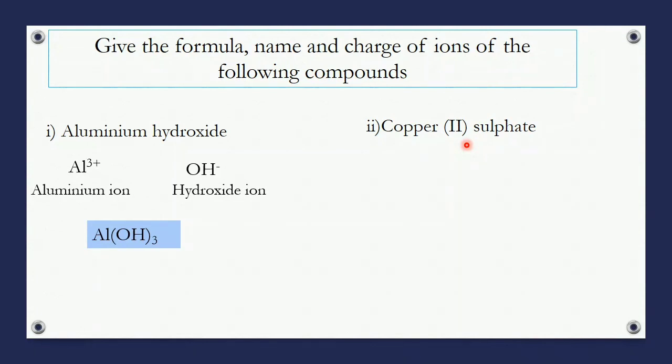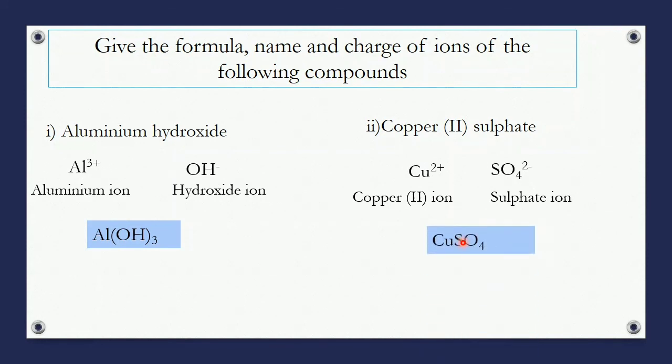It tells us that copper has a positive 2 charge, so it will be Cu2+, and sulfate ion will be SO4 2-. The crisscross method gives us the chemical formula Cu2(SO4)2, and we have to reduce to the lowest ratio, so it will be CuSO4.